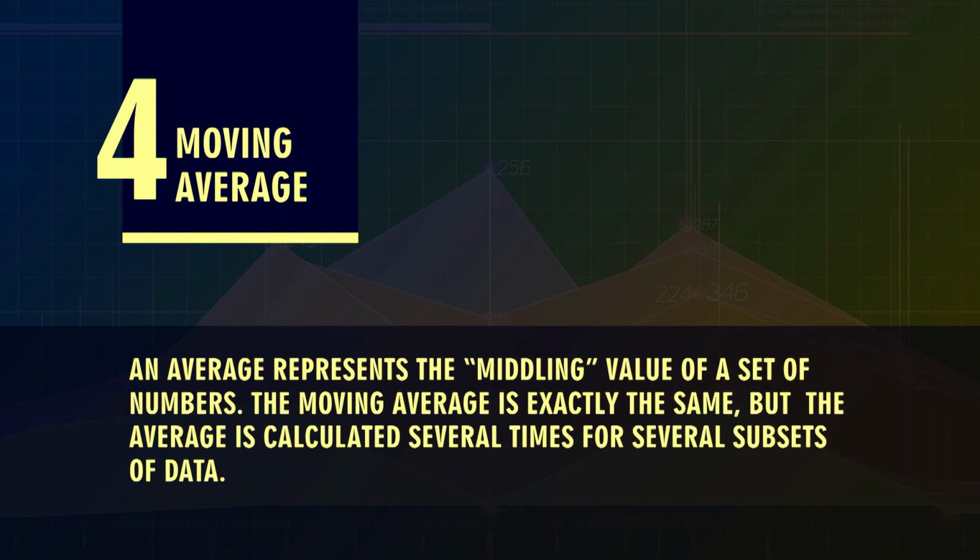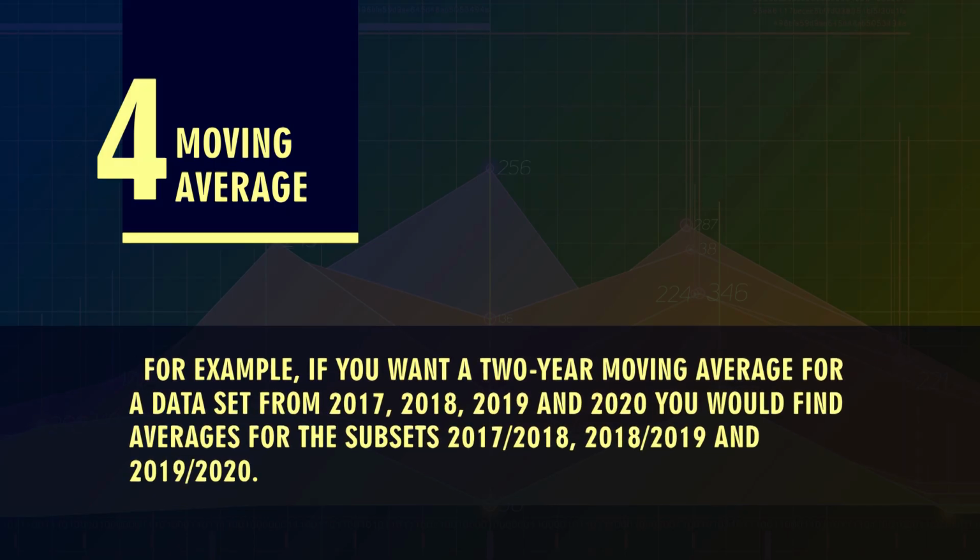An average represents the middling value of a set of numbers. The moving average is exactly the same, but the average is calculated several times for several subsets of data. For example, if you want a 2-year moving average for a data set from 2017 to 2018, 2019 and 2020, you would find the average for the subsets of 2017/2018, then 2018/2019 and 2019/2020.